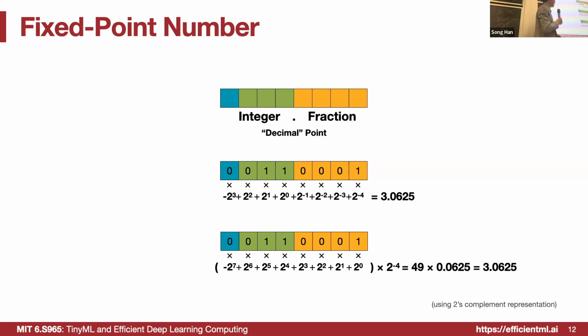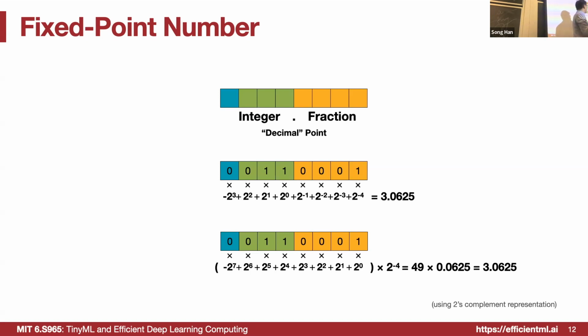Let's see another example. Say this is the decimal point, and we want to add them up together. This is the way to calculate, by having everything starting from 2 to the power of 0. And then we can observe how many bits we have for the fraction part.